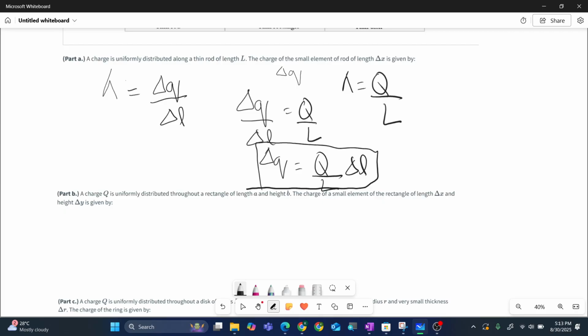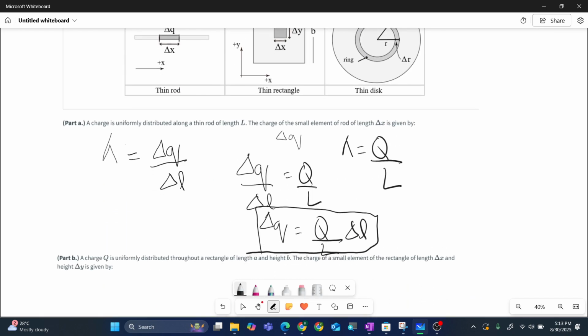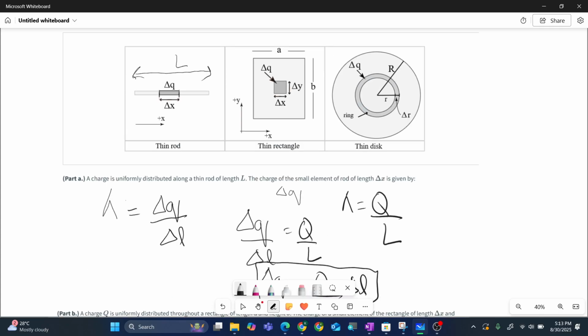The charge Q is uniformly distributed throughout a rectangle of length a and height b. Here, the charge of a small element of the rectangle, delta Q, of length delta x and height delta y is given by... so we need to find the small element of charge delta Q. Again, this is a rectangle. It's a two-dimensional object, so we have an area here, and we're going to deal with sigma.